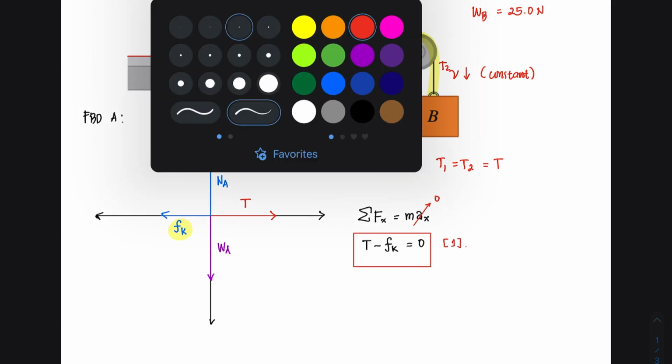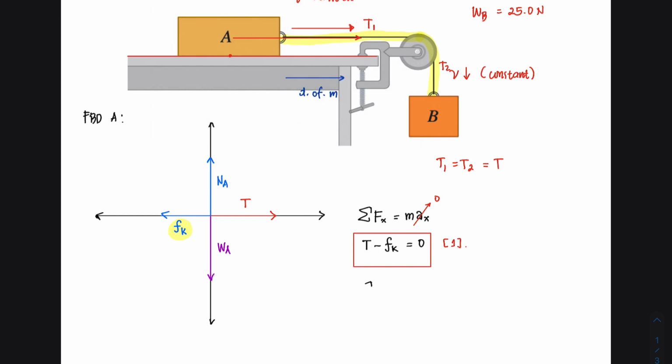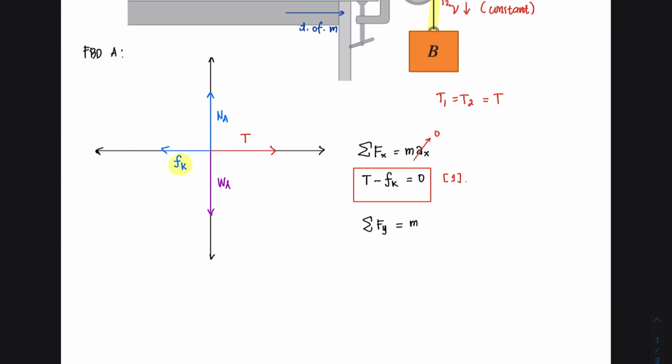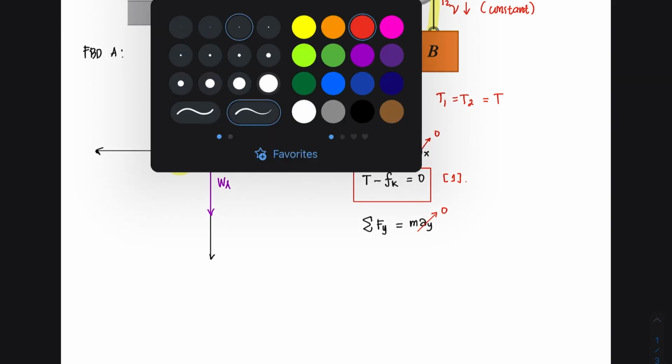Now let's proceed to the summation of forces along y. So this is basically the same, as you can notice from what we have been doing. Now the m a sub y, still the acceleration along y is 0 since it's moving at a constant velocity. And what are the forces present on y?